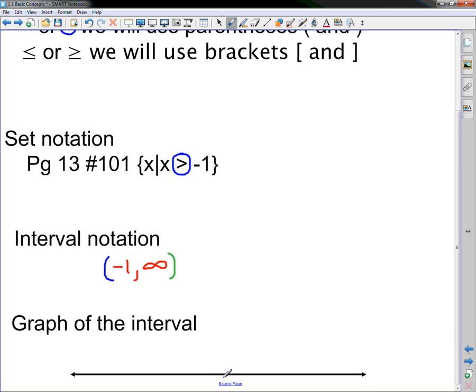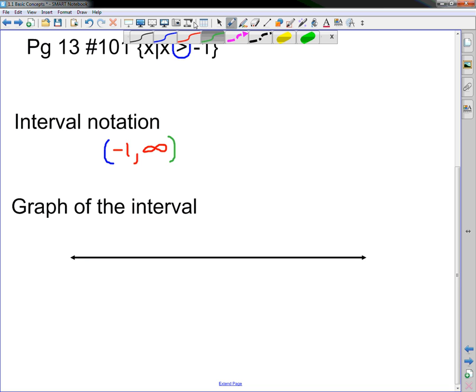Next part is to take this information and put it onto a number line. So we have 0, we have -1. Now we're going to use our interval notation to help us put this onto a number line. The way it helps us is that the parenthesis here is the same parenthesis that I'm going to use at -1 on the number line.